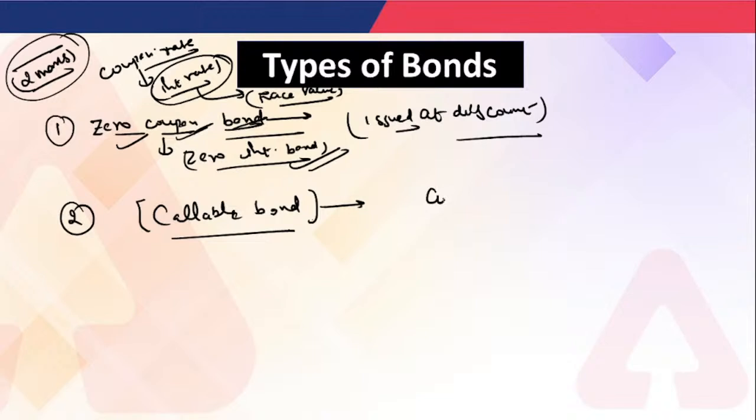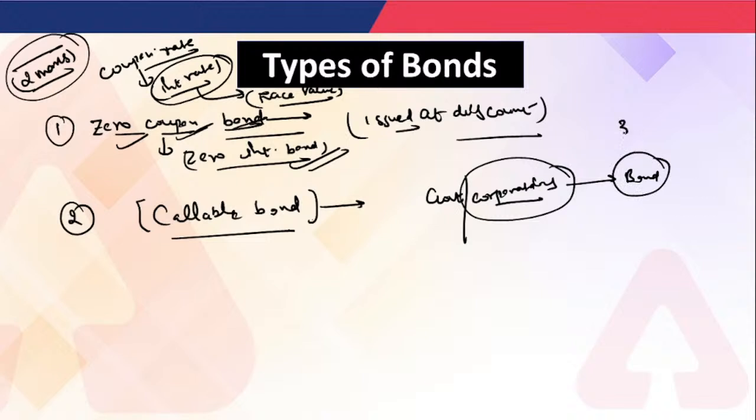Suppose any government or any corporation just issued a bond for 3 years, but before 3 years, this corporation just calls back the bond before it matures.